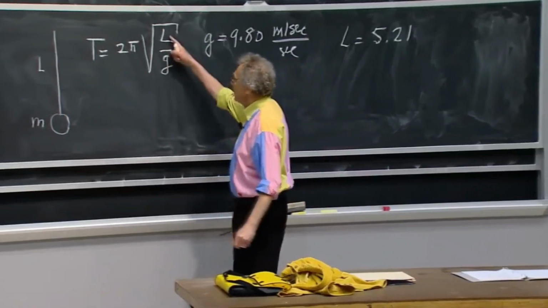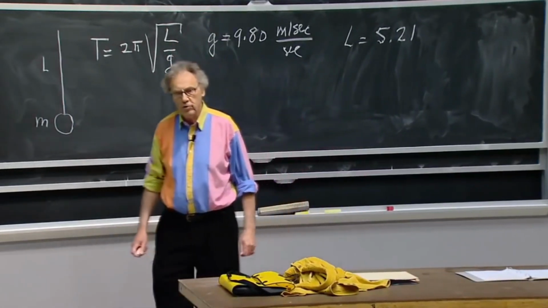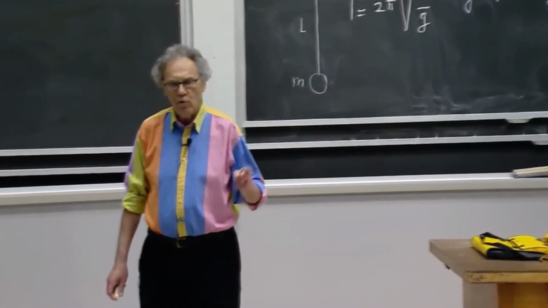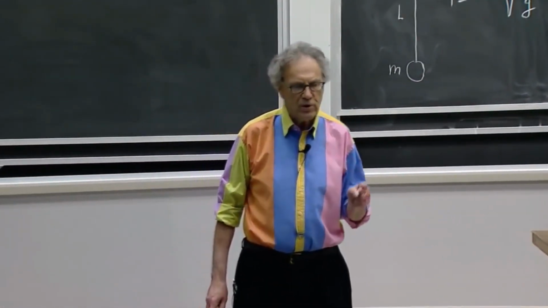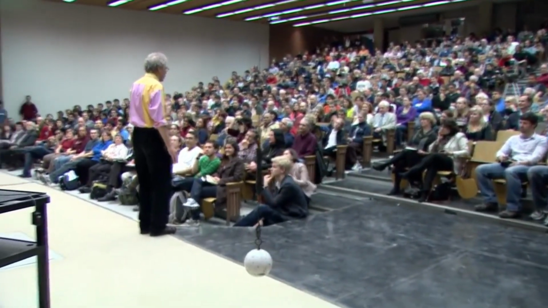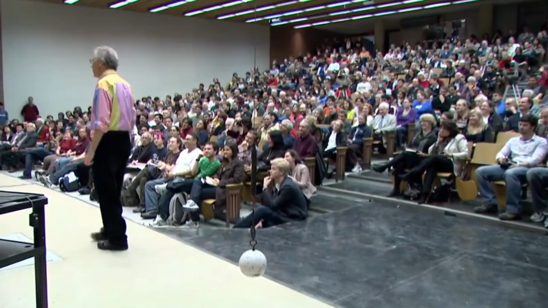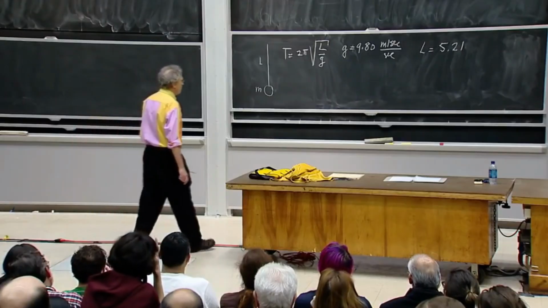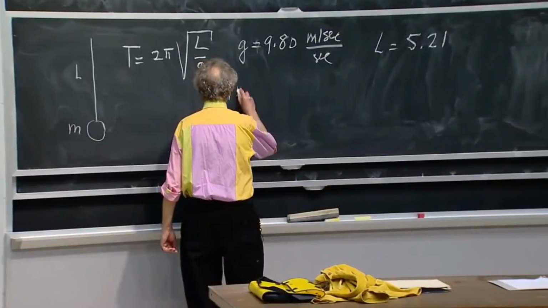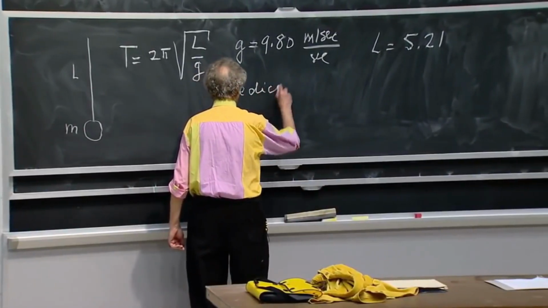But since L only shows up as the square root, it means the uncertainty in the time that we predict is only 0.5%. And if you don't see the reason why the 1% becomes 0.5%, that's okay, just forget about it. You take my word for it. So now I can make a prediction. So I predict using this equation.